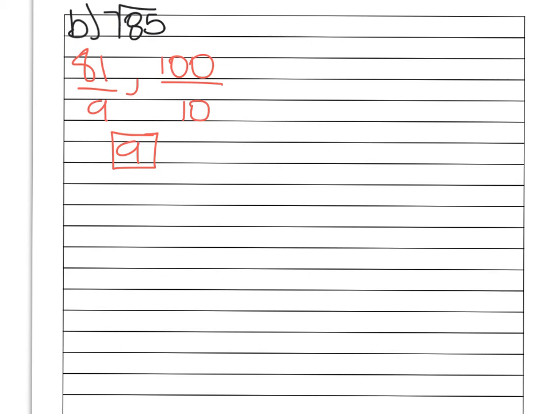I'm going to take 85 and divide it by that 9, and I get 9.4. Then I'm going to take 9 plus 9.4 and find the average of that. I add those together on top, I get 18.4, and I divide it by 2.